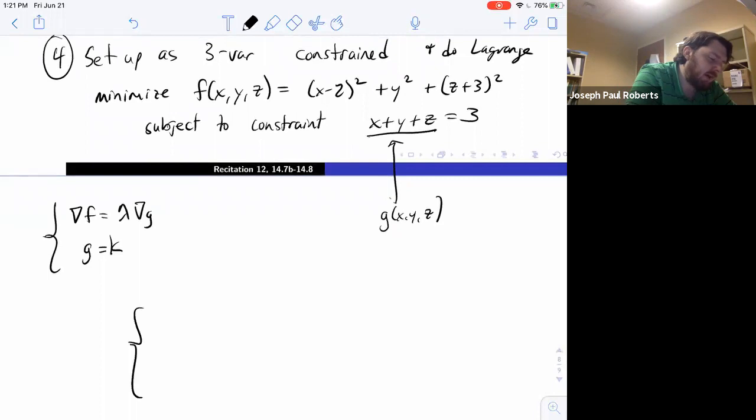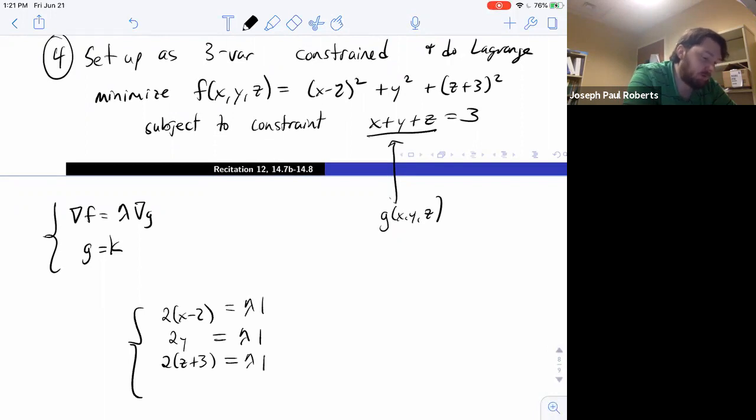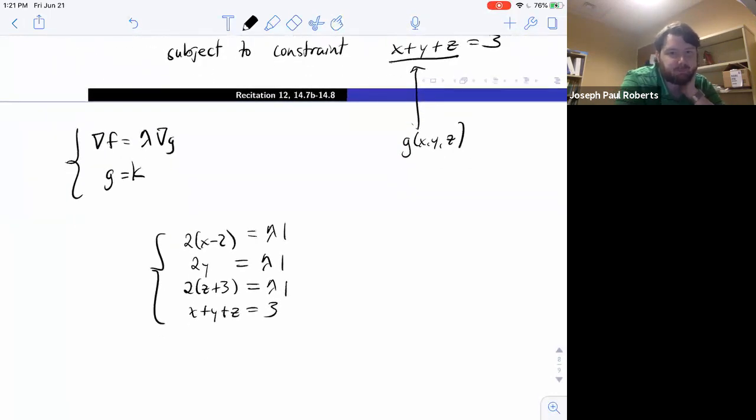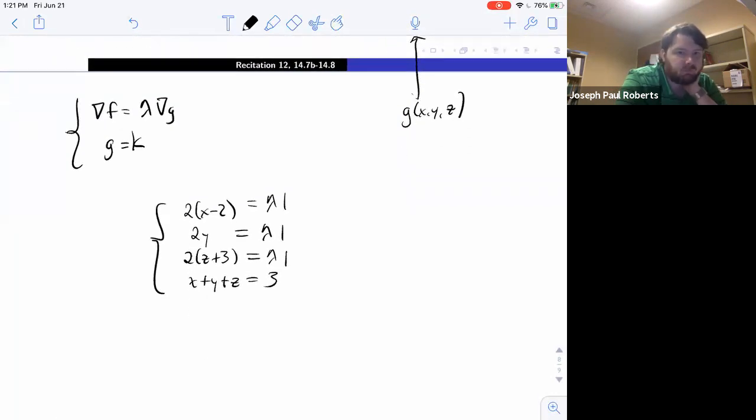So grad f is that, and then grad g is 1, 1, 1. And then again, don't forget your constraint equation.